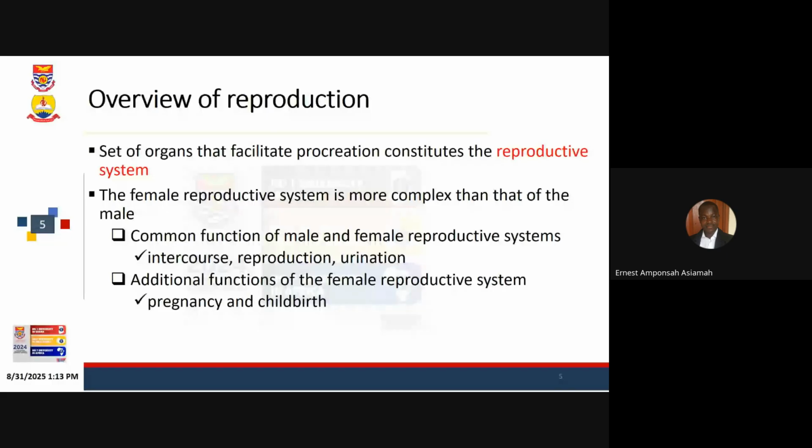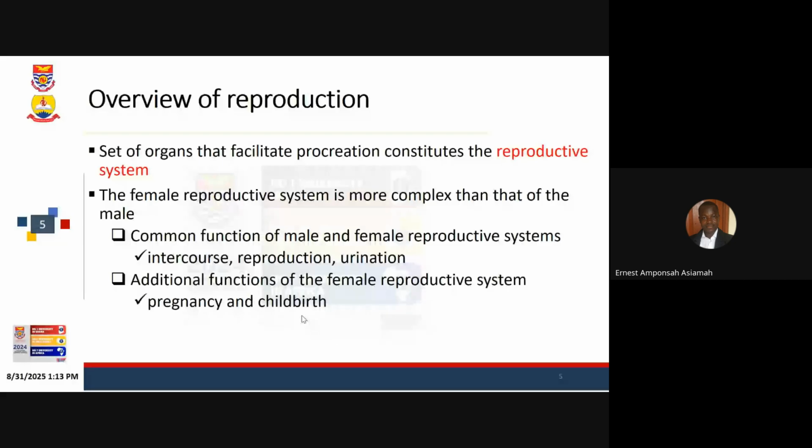If we take the male and female reproductive systems, all of us have organs for intercourse, reproduction, and also urination. But the female reproductive system has an additional function that has to do with pregnancy and childbirth.